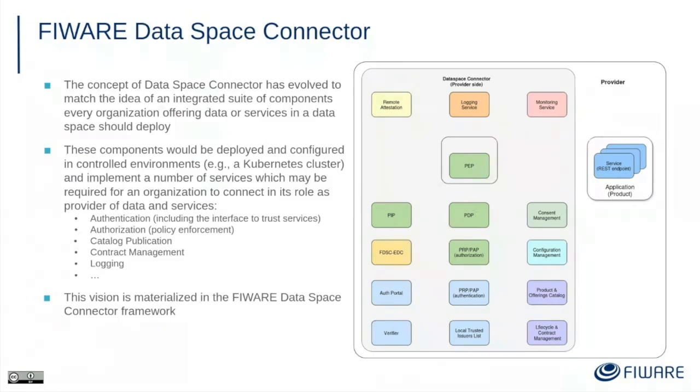So the FIWARE Dataspace Connector itself is essentially a set of microservices. Each of them fulfills a certain role inside the connector to offer certain functionality that can, but not always needs to, be used for offering the data or for accessing the data that you want to have in your data space.